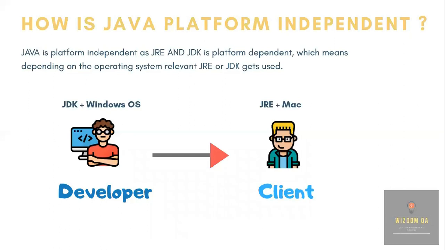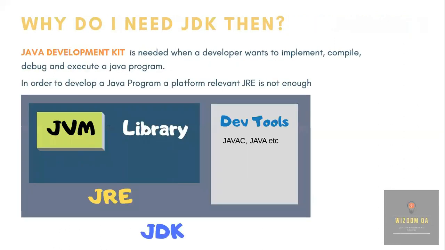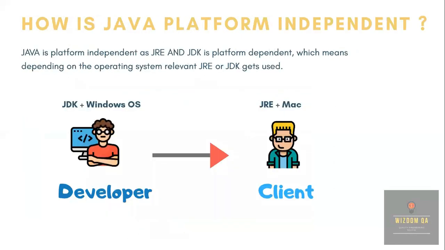Because JDK contains JRE, we have seen that here already. JDK already contains JRE, and JRE has a virtual machine, right? So in turn, you are already covered as a developer, to develop and to run a Java program, right? And your friend is also covered because he has a platform-specific JRE to run the program. Okay.